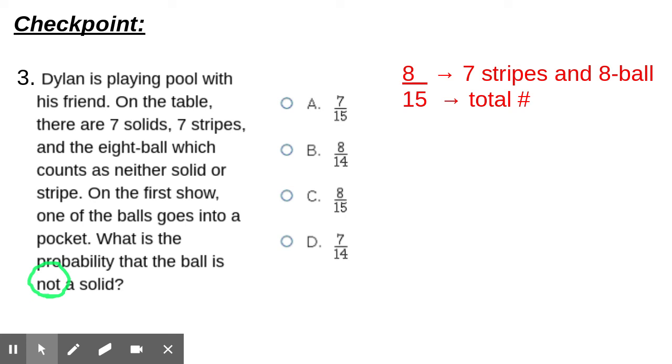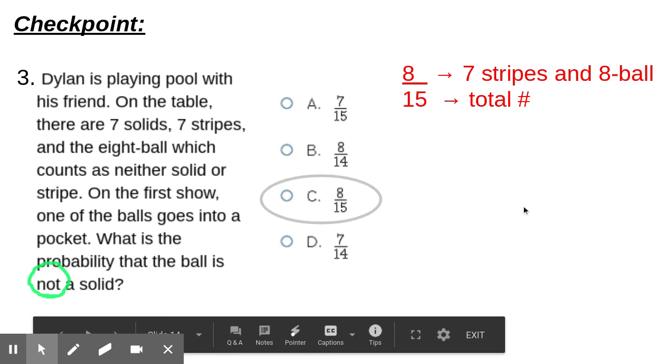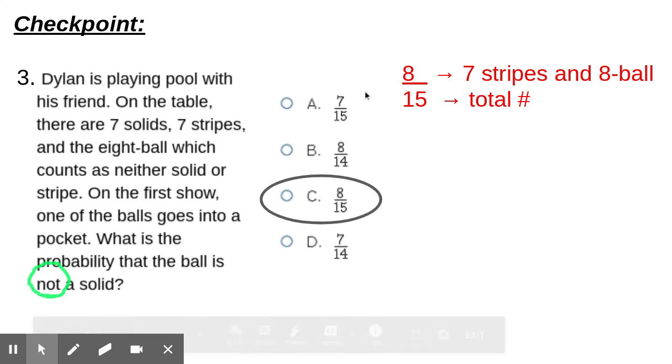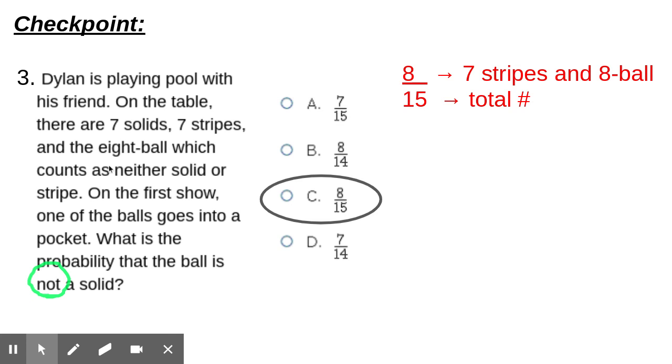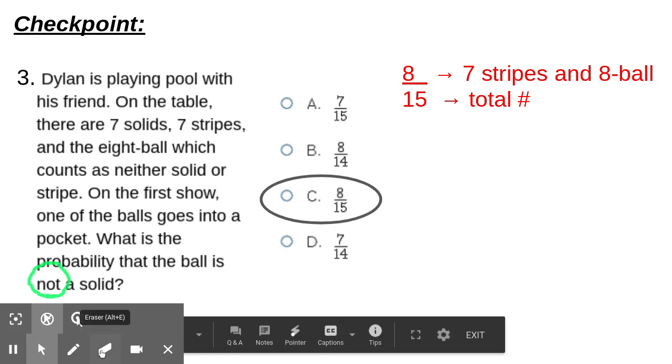That means that there are 8 that are not a solid out of the 15 total balls that are on the table. So that answer choice then would be C. Right? A common mistake some people make is choosing A, because they don't count that 8 ball. The 8 ball counts as neither a solid nor a stripe. Okay.